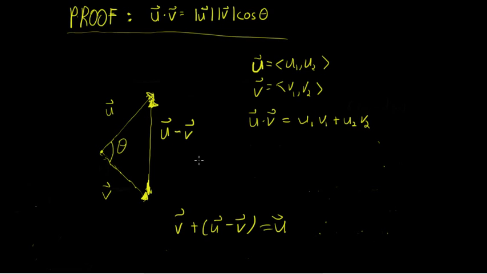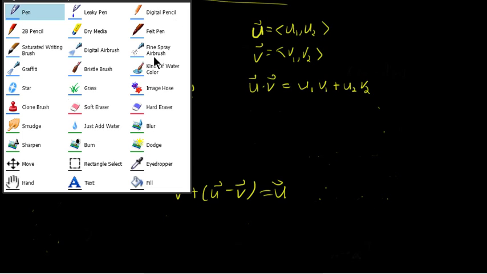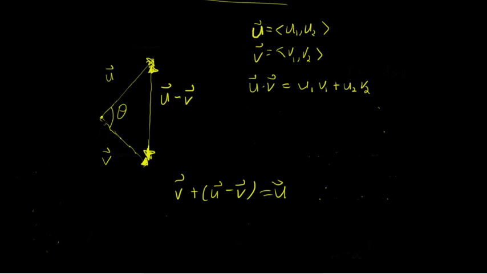Likewise, if we had reversed the direction of this vector, so its arrow were this direction instead, you'd have u plus v minus u.